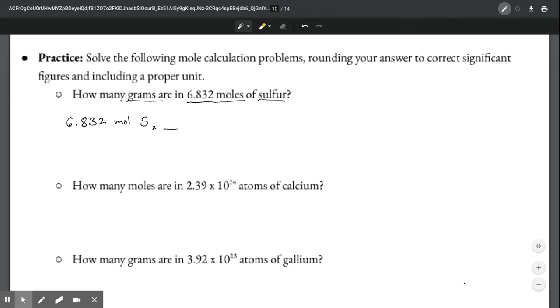So we have to match on up and down. 1 mole of sulfur, according to the periodic table, has 32.07 grams of sulfur. And so when the moles cancel out, we're left with grams, which is what we're looking for up here.